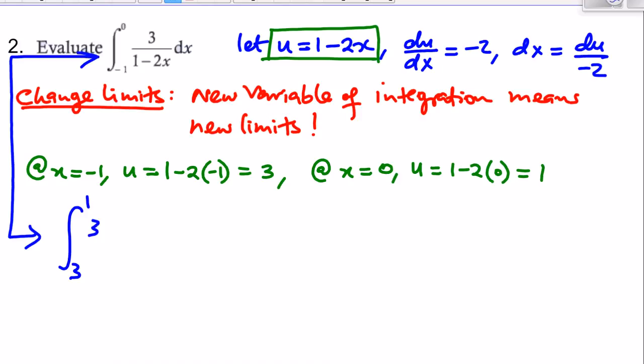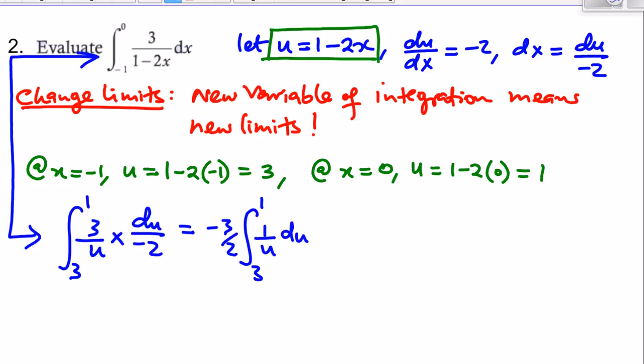So 3 over u multiplied by dx, but dx is du over negative 2. So what I'll end up with is negative 3 over 2 integral of 1 over u du, which will be negative 3 over 2 ln absolute value of u.